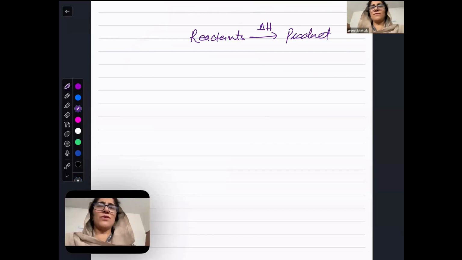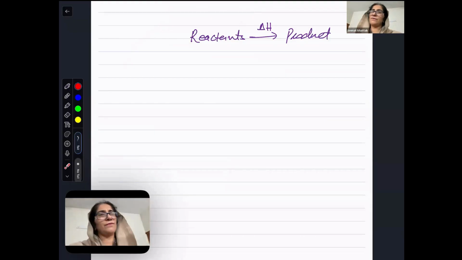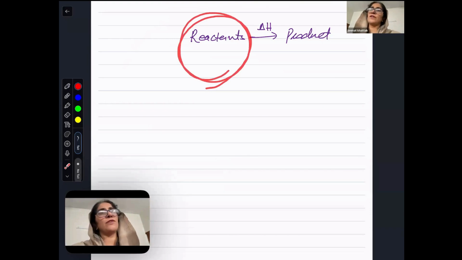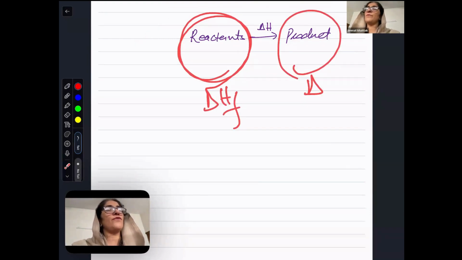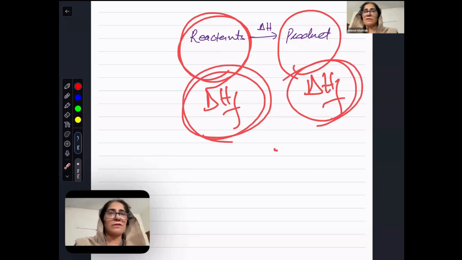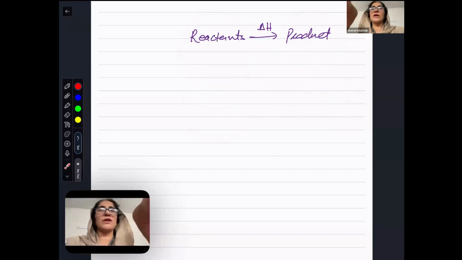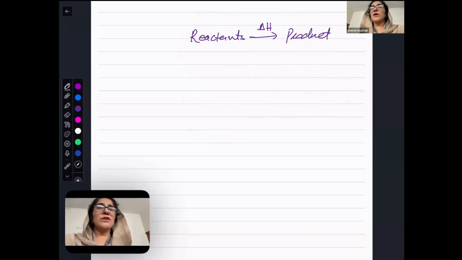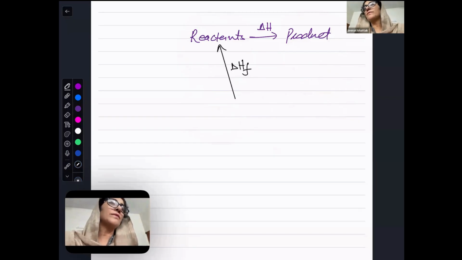And in the question, you have the formation of the reactant and the formation of the product, like the formation enthalpies. You know what formation is? When you have the formation of the reactant from its what?